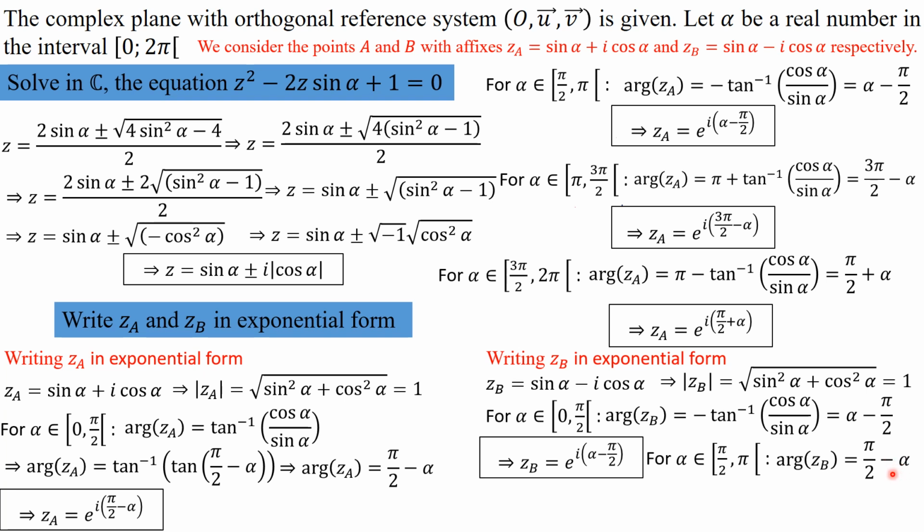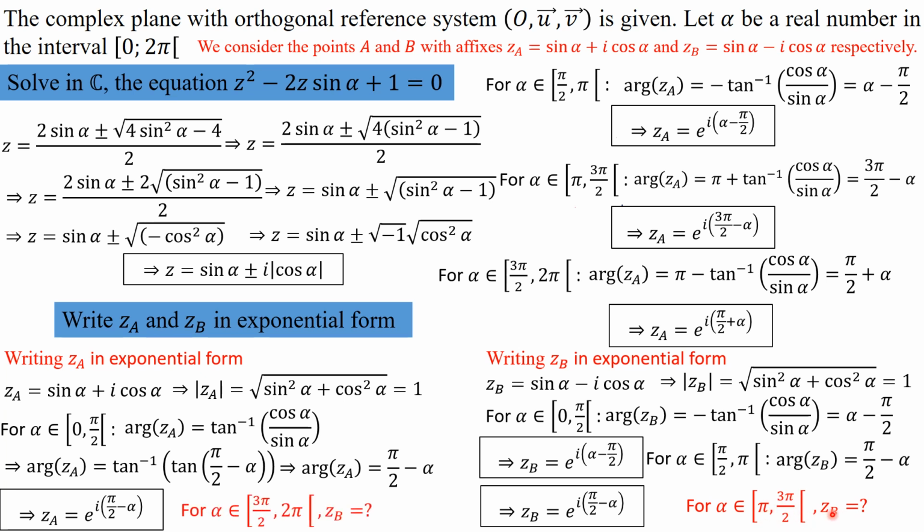So you need to do it to get this answer. Make sure you get this answer. So your assignment now is to verify what zb is when alpha is in the interval pi to 3 pi on 2, and what zb is when alpha is in the interval 3 pi on 2 to 2 pi, using all the notions that we have used.